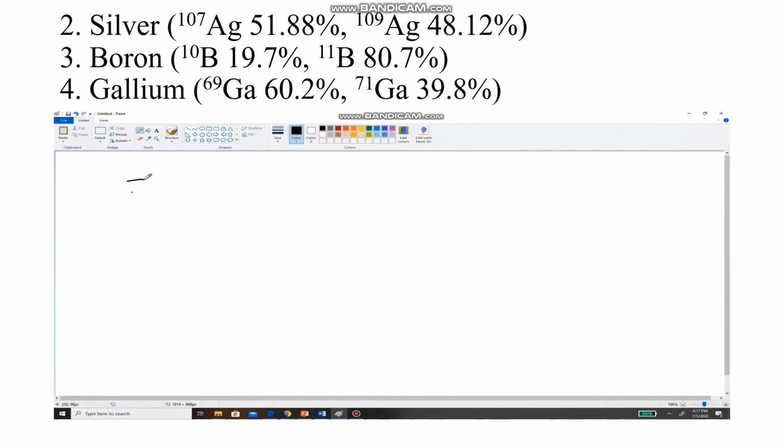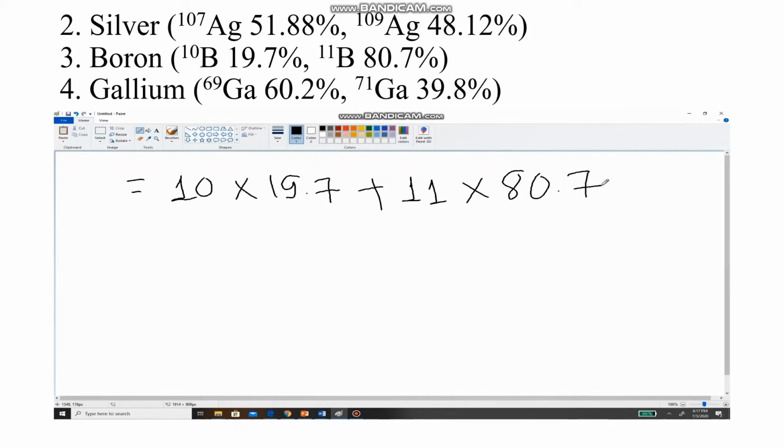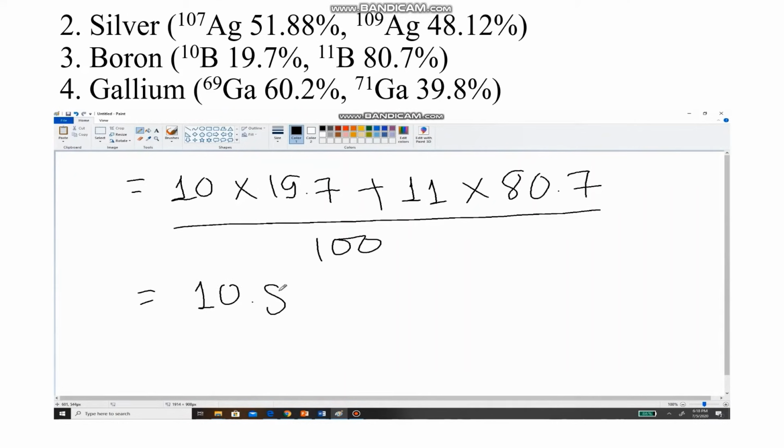And here also we have two isotopes, and the isotope boron 10 has the mass of 10 and its relative abundance is 19.7, and we have another isotope of boron that has the mass of 11 and its relative abundance is 80.7, and by using the formula we divide this by 100, and when we calculate this we get the answer of 10.85.